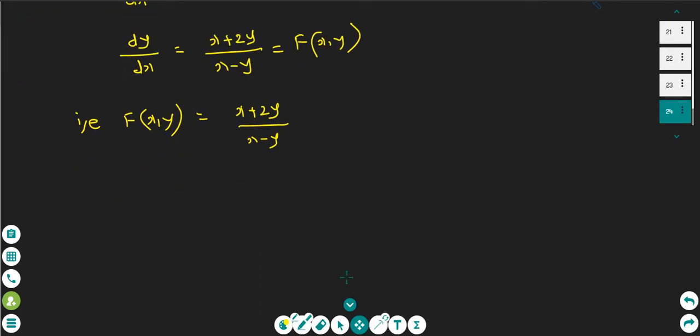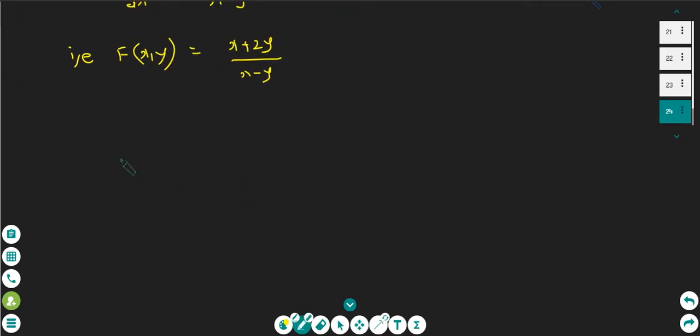Now since I have to prove that it is a homogeneous function, I'm going to apply the first method, that is the lambda x and lambda y method. So I replace x with lambda x and y with lambda y in f of x comma y.